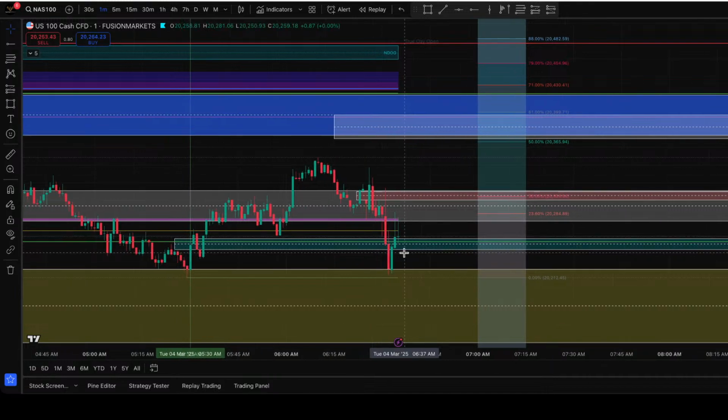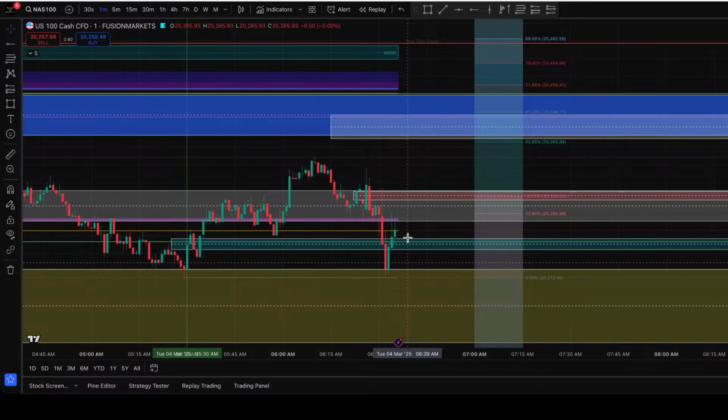Taking its time. This is why we wait, as mentioned before. The dealer has revealed his hand. So even if they drive it up here, they left these equal relative lows. That means it wants to come back down after this. So we stay patient. Till our manipulation zone is broken, we don't make a move.